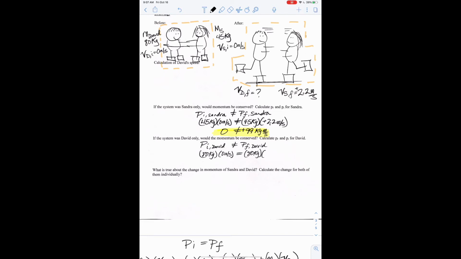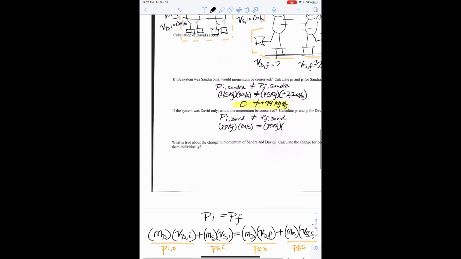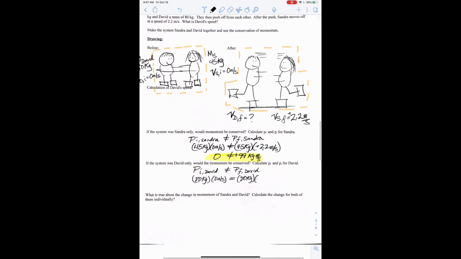His final velocity, we said, is negative 1.24. And if we do the math here, this ends up equaling, you want to take a guess at that? It's going to end up equaling negative 99 kg meters per second.